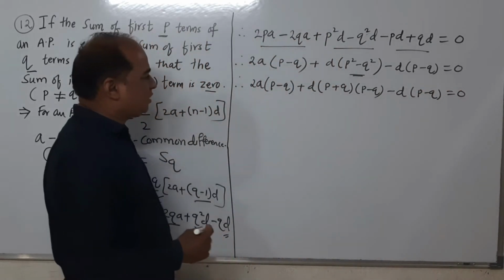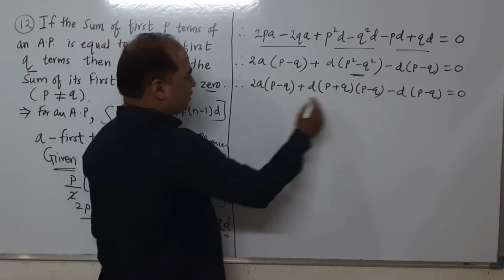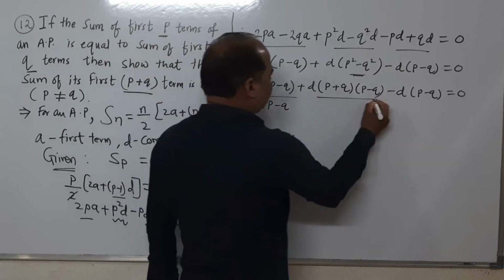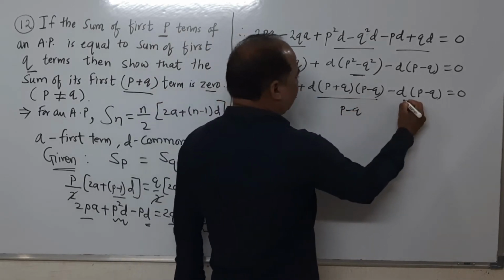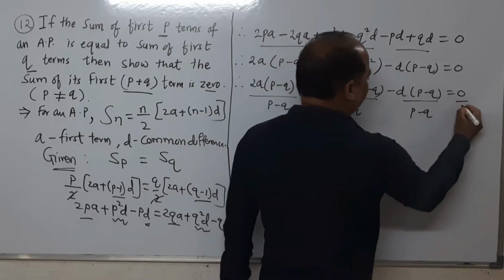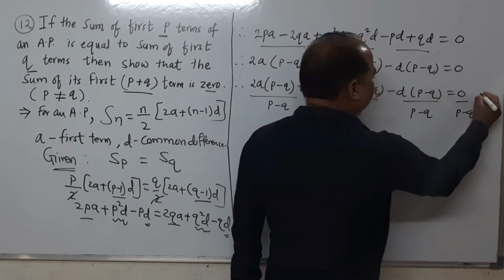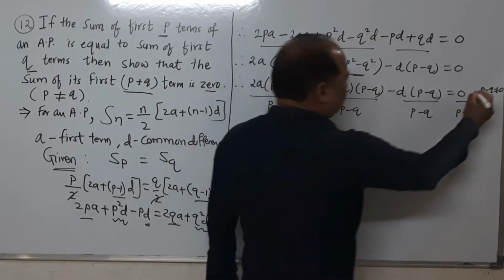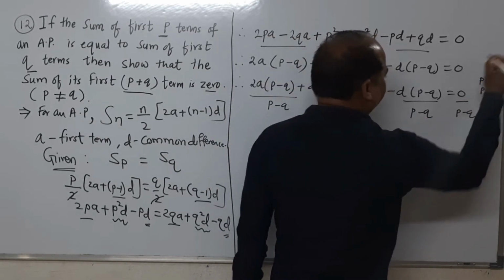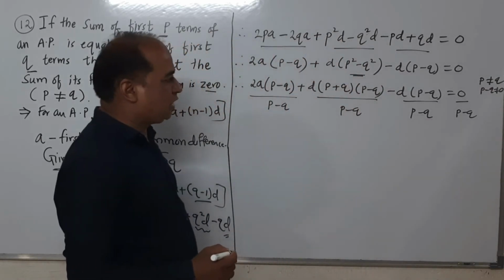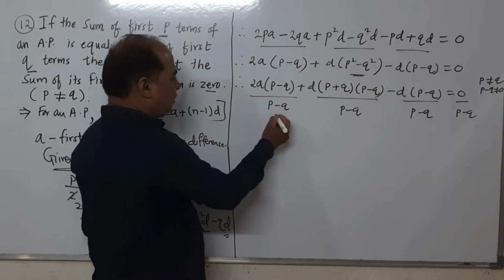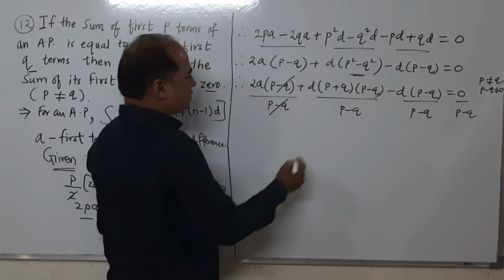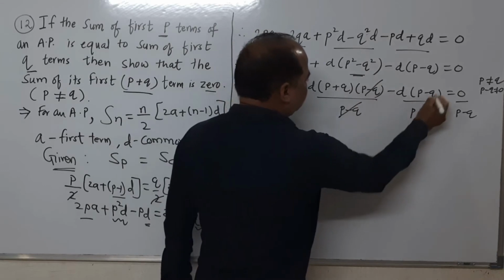Now we divide this equation by p minus q throughout. Since it is given that p is not equal to q, p minus q is not equal to 0. So the denominator is non-zero and we can divide here. p minus q gets cancelled.